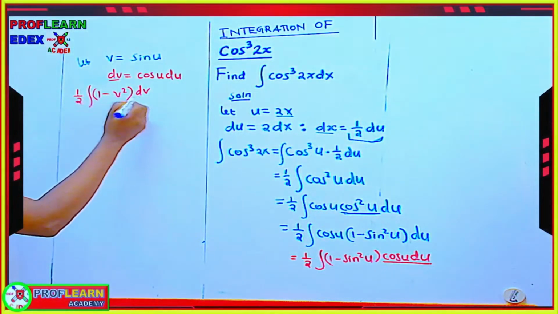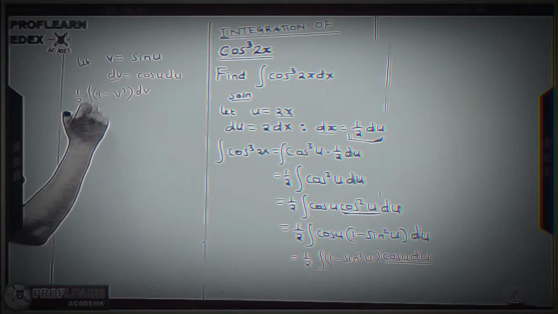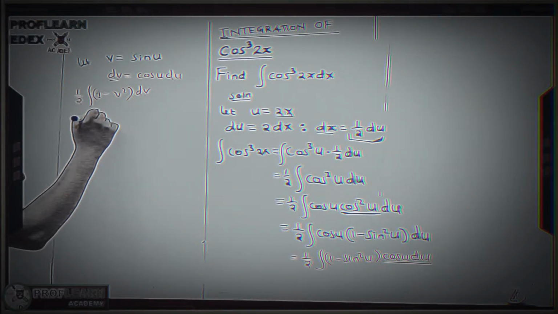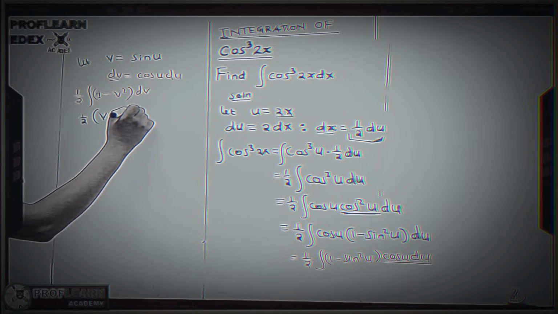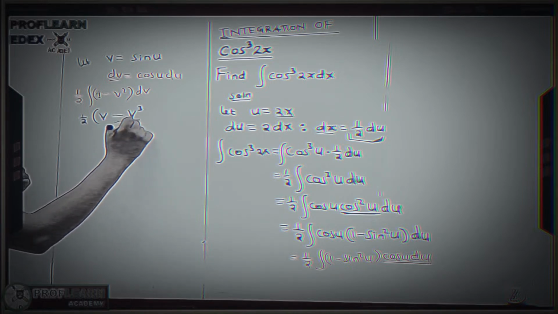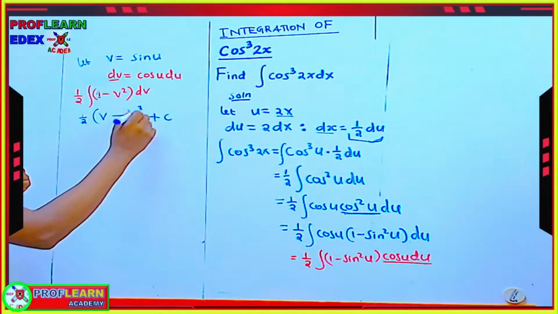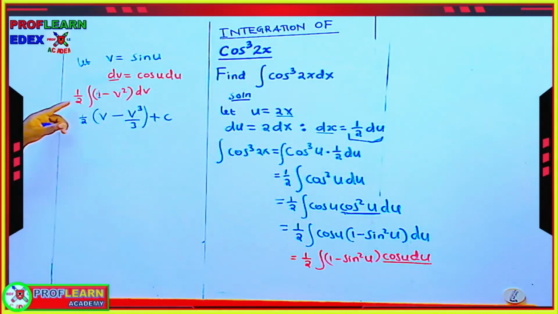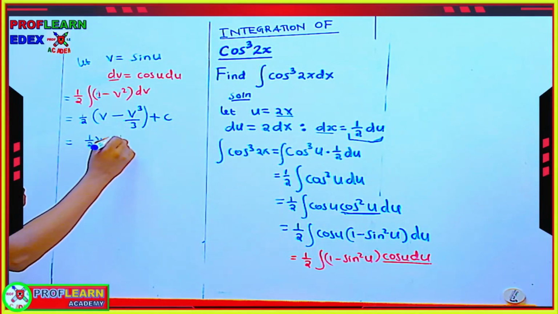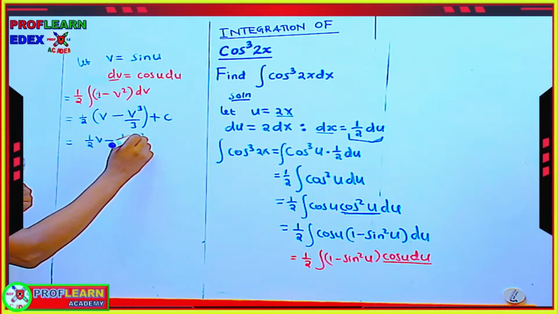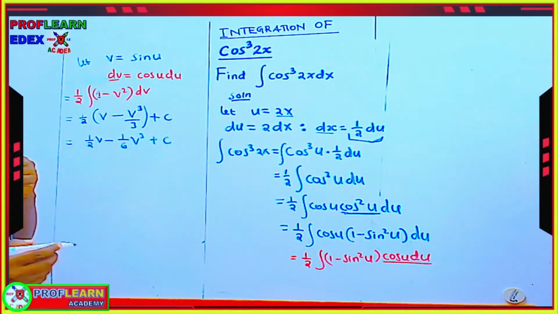Having that, we can integrate term by term, and integrating this gives v minus v cubed over 3 plus c. The half is multiplied into each term, so the expression reduces to 1 over 2 v minus 1 over 6 v cubed plus c.